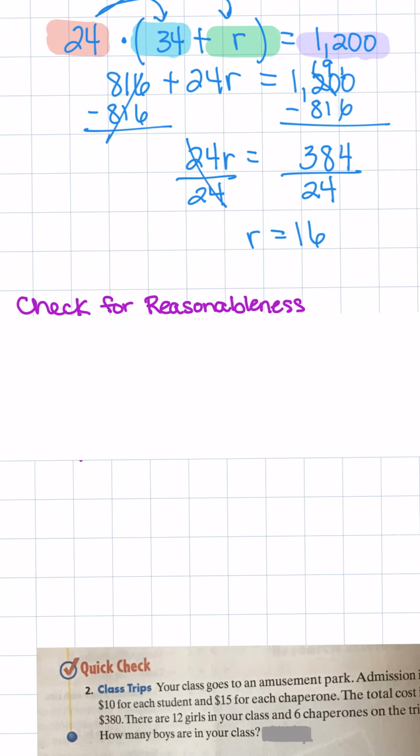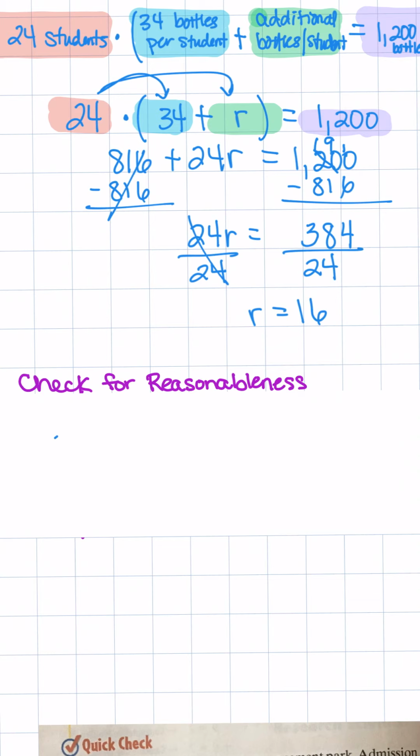So we often need to check for reasonableness. If we round 24 to 20 and 34 to 40, the class collected about 20 times 40, which equals 800 bottles. They need to collect 400 more, or 20 bottles per student.